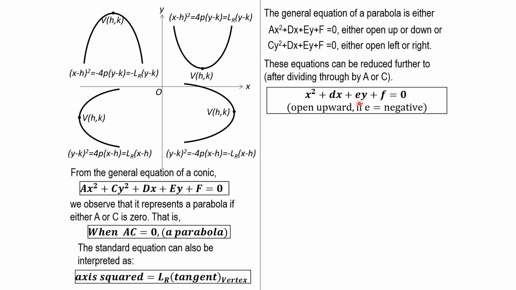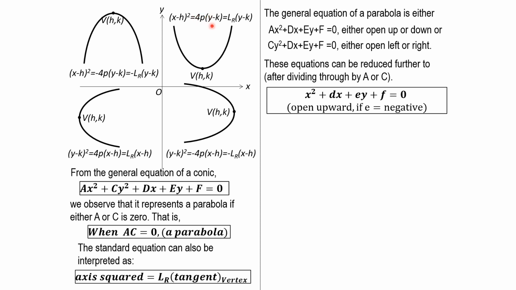The length of the latus rectum, remember, is the absolute value of the coefficient of the first degree term opposite to the squared term. So if it is x that is squared, the absolute value of the coefficient of y is the length of the latus rectum, just like this. It is x that is squared here, so we have 4p times y.